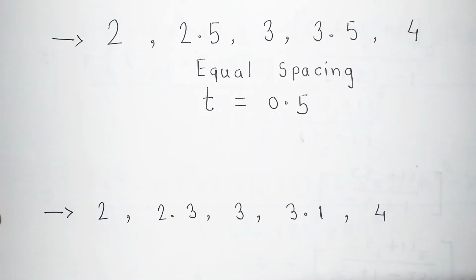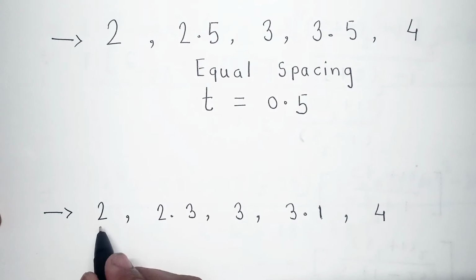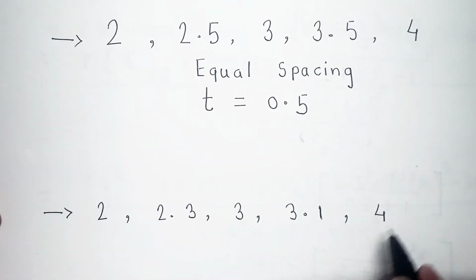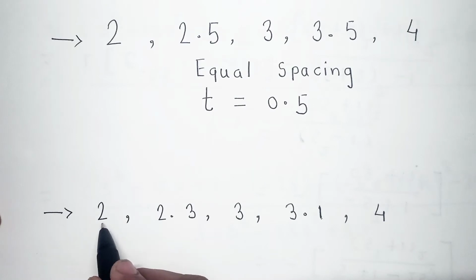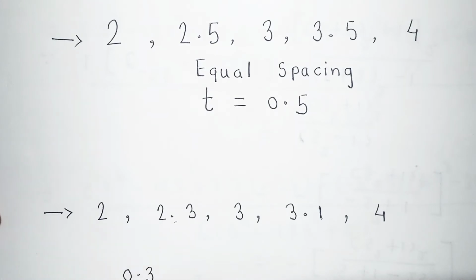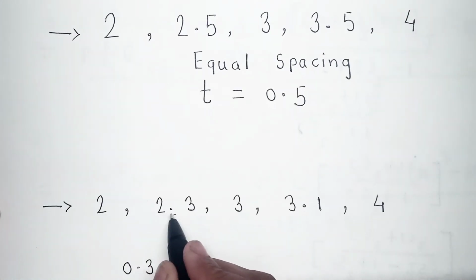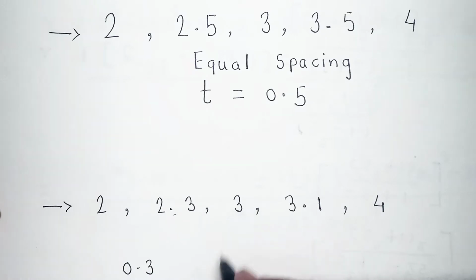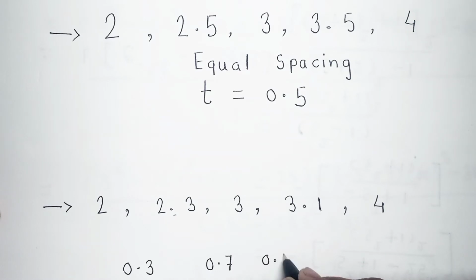Now in the example number 2, here I generated a sequence between the limits 2 and 4 like this. So the spacing between 2 and 2.3 is 0.3 here. Now from 2.3 and 3 the spacing is 0.7. Now here the spacing is 0.1 and 3.1 to 4 the spacing is 0.9.